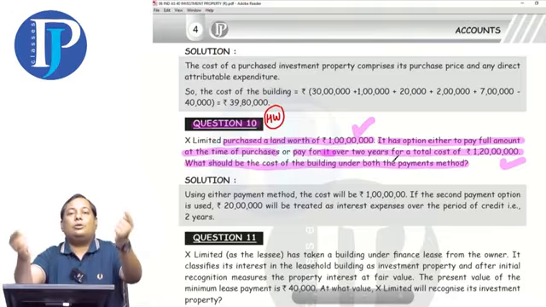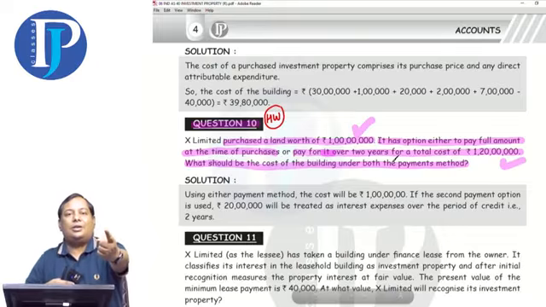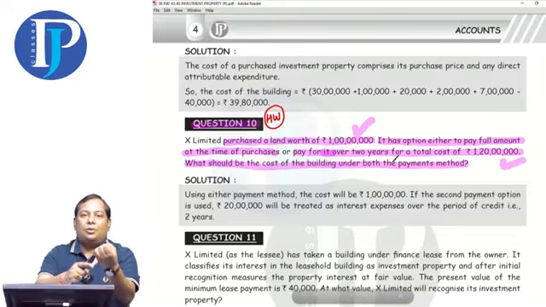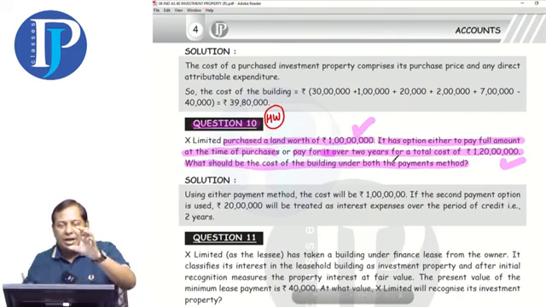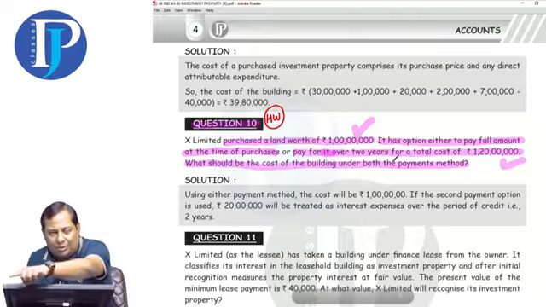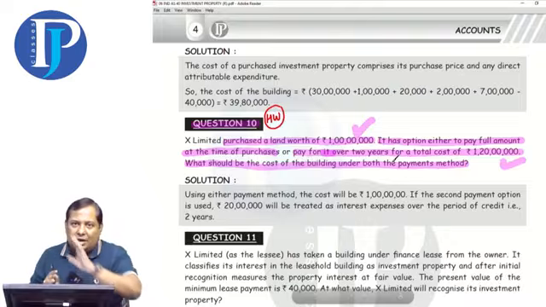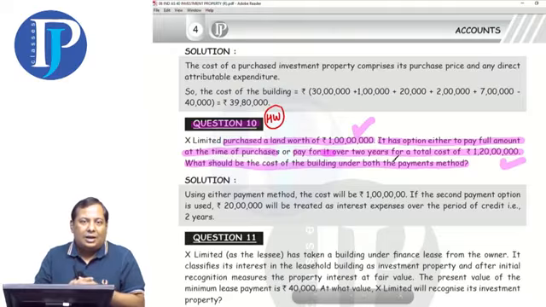The cost of the building will remain 1 crore only. The extra 20 lakh you are paying in the second option is the interest cost, which will be written off in the profit and loss account. We don't capitalize it.